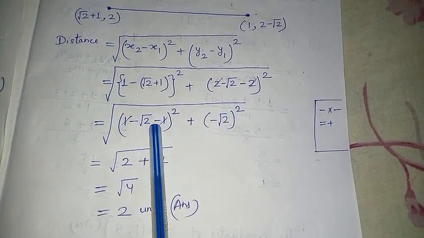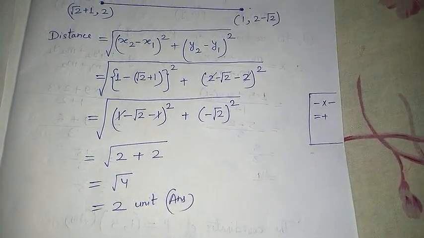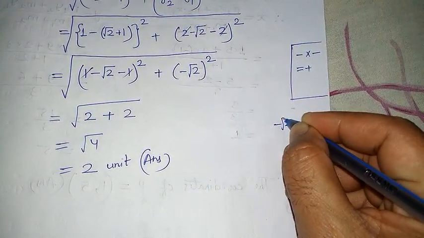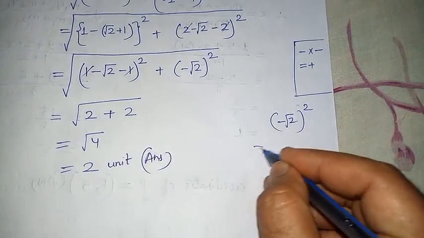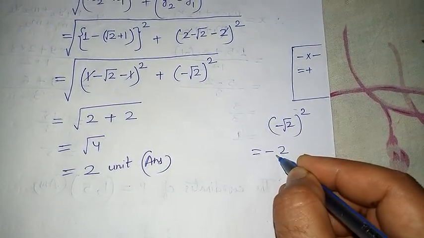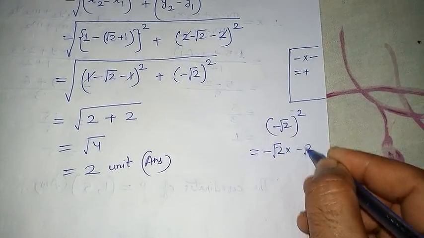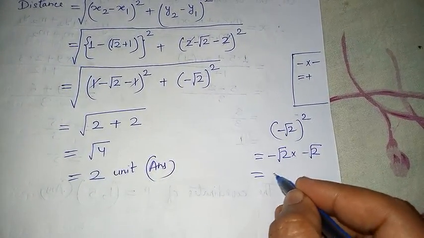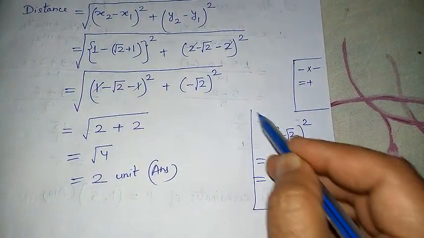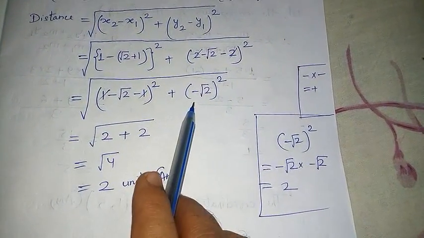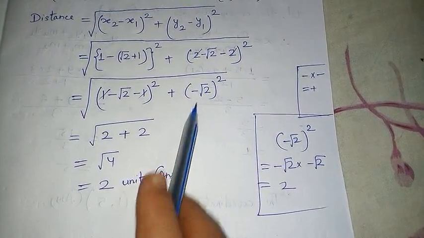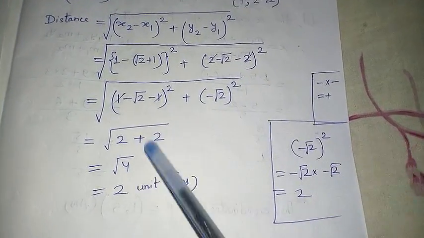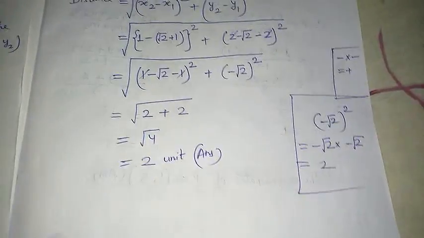Now minus √2 whole square is 2, because minus √2 whole square means I have to multiply minus root 2 into minus root 2. Minus into minus is plus, and root 2 into root 2 is 2. That's why here I wrote 2, and here also, minus 2 times plus, and minus into minus is plus, root 2 whole square is 2. 2 plus 2 is root 4, and root 4 is 2 units.